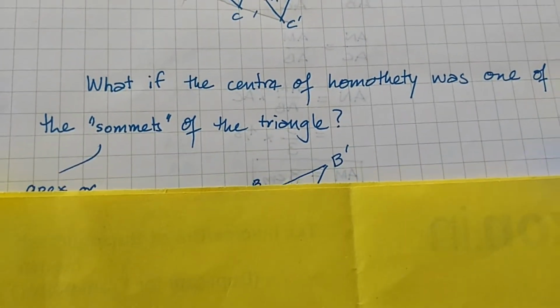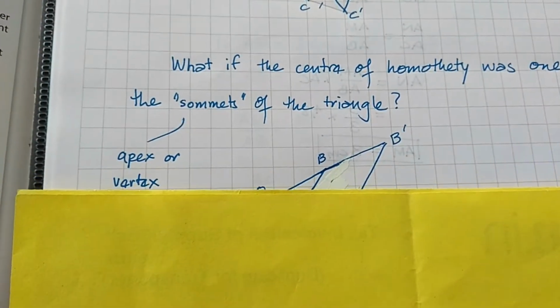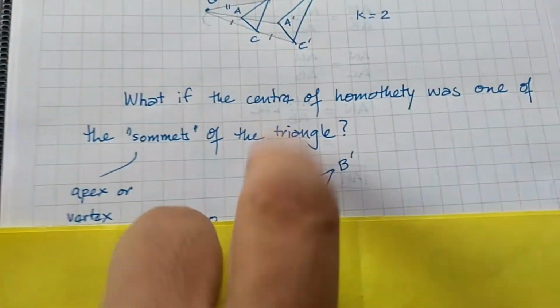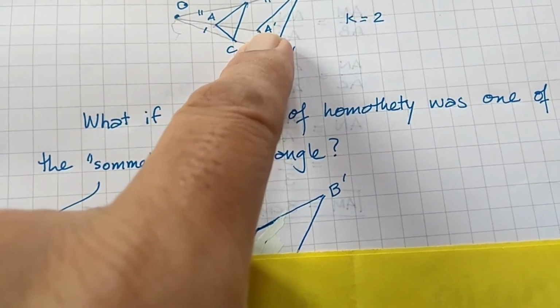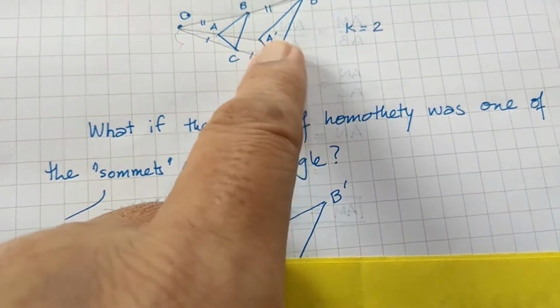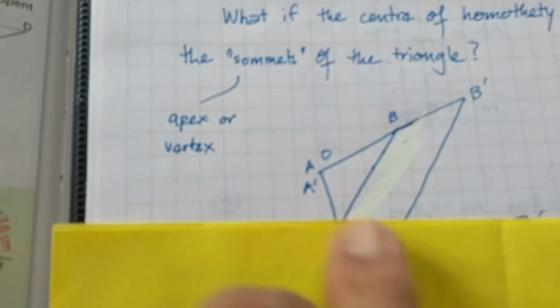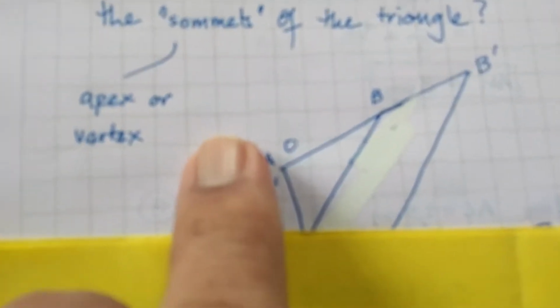So let's go there. By the way, sommet in English is called apex or vertex. So A prime is an apex of the triangle A prime, B prime, C prime. Okay, or vertex. You can use either word if you're doing it in English.